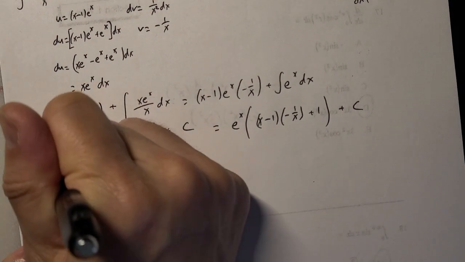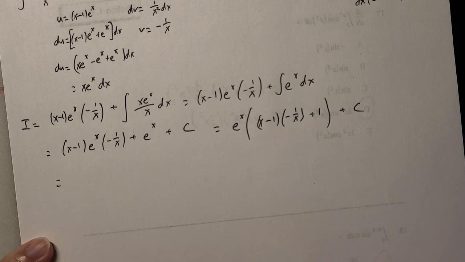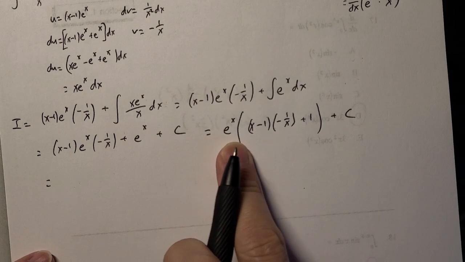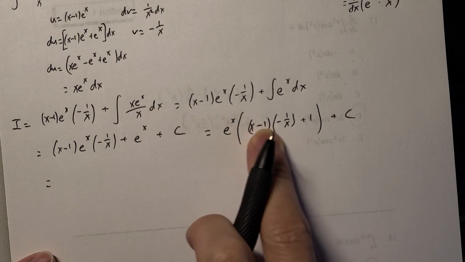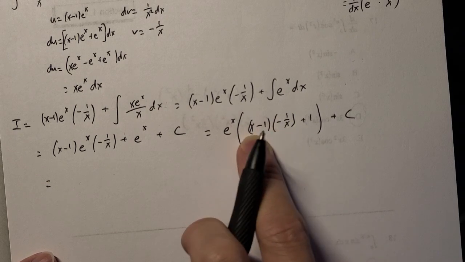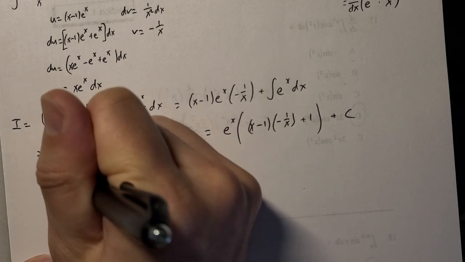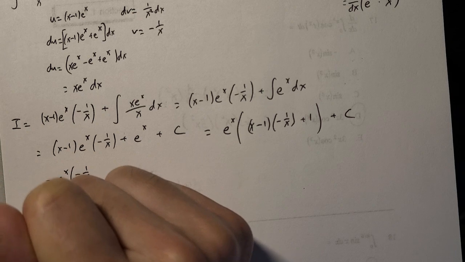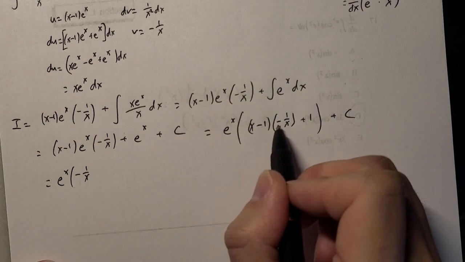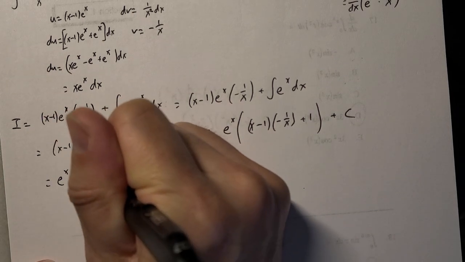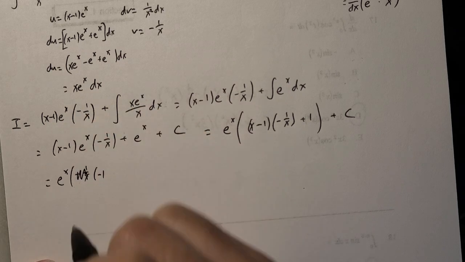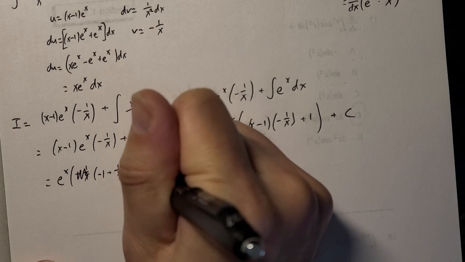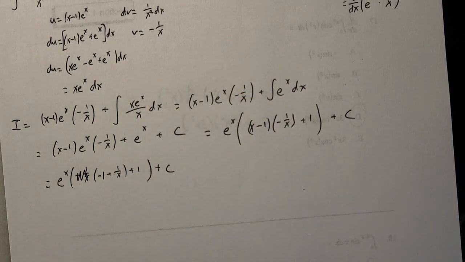Technically from here, you should be okay, but let me show you that it does get back to that. Let me distribute the minus 1 over x to both these terms. Sorry, this would be just minus 1, and this is plus 1 over x, plus 1 plus c.